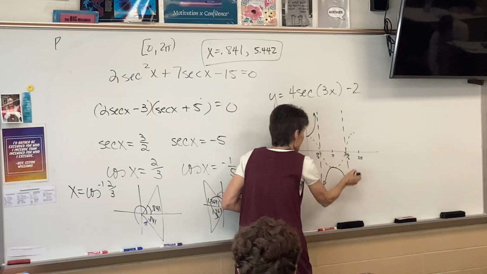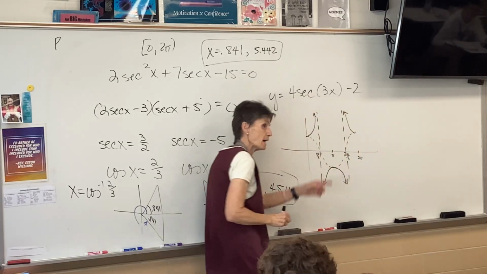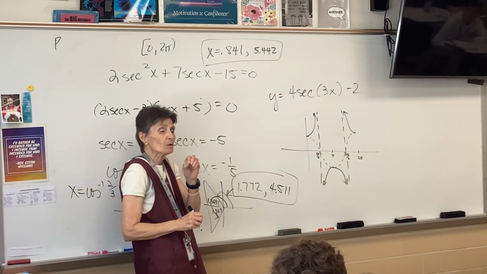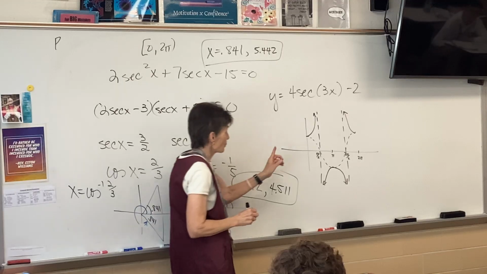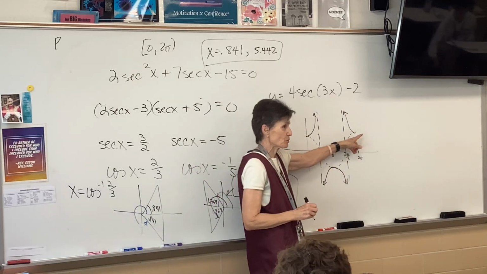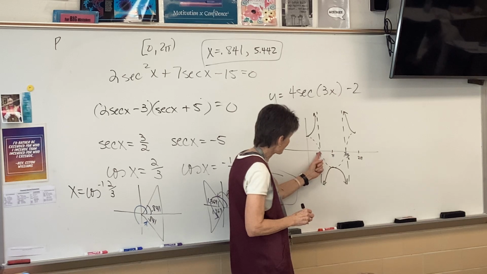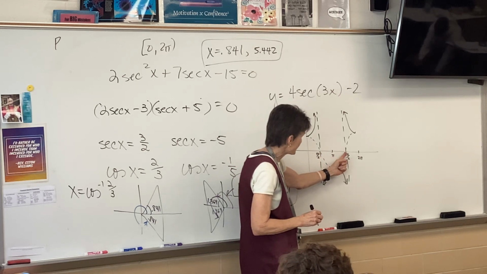Now I know we haven't done this for a long time, but you've got to remember it. Secant is the reciprocal of cosine, so you should definitely have memorized your cosine curve. You drop in the asymptotes wherever the cosine is 0.